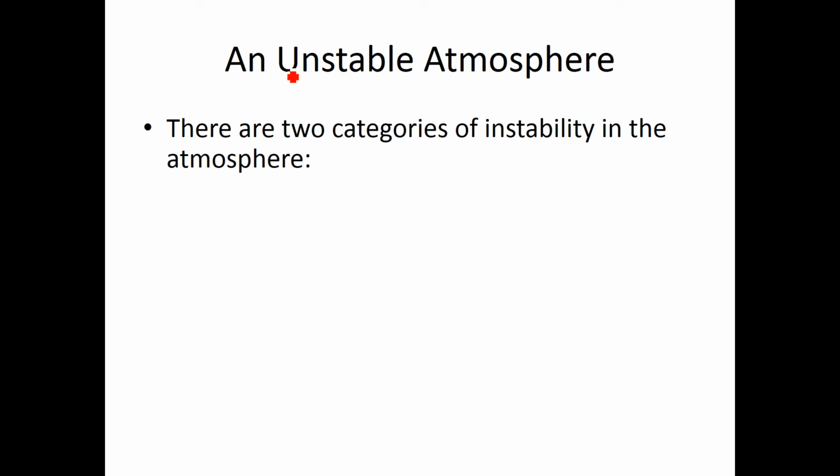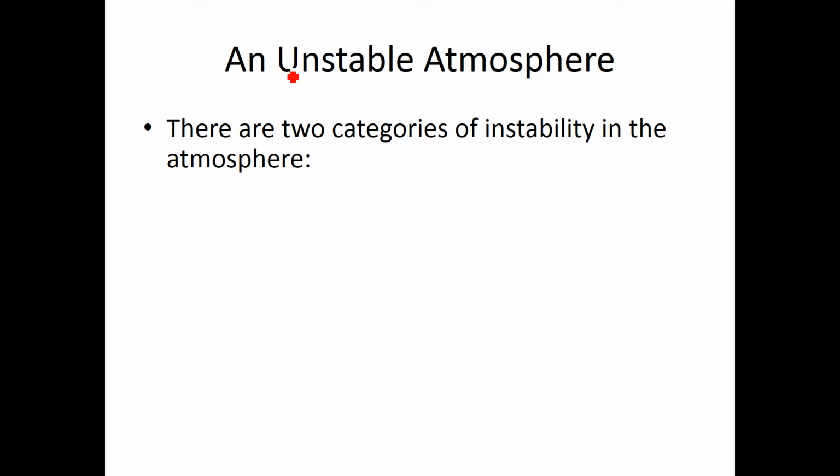As a result, if the temperature of the atmosphere cools slower than a dry parcel, but faster than a moist parcel, we get an interesting situation where dry parcels can't rise, but moist parcels can.